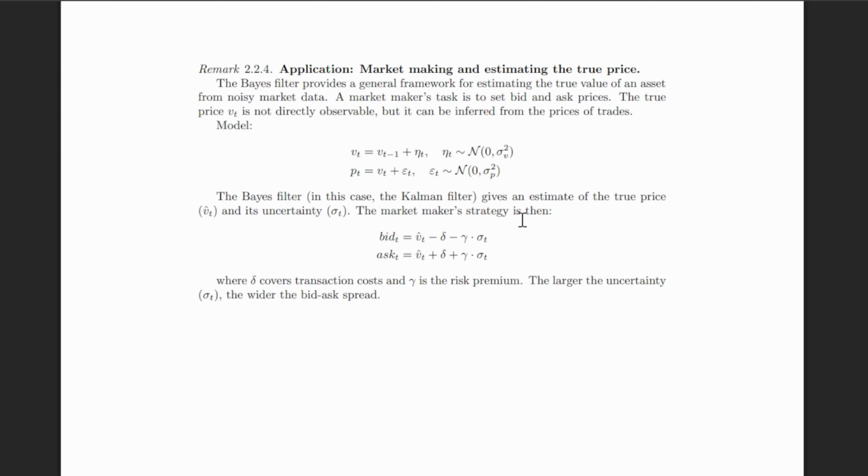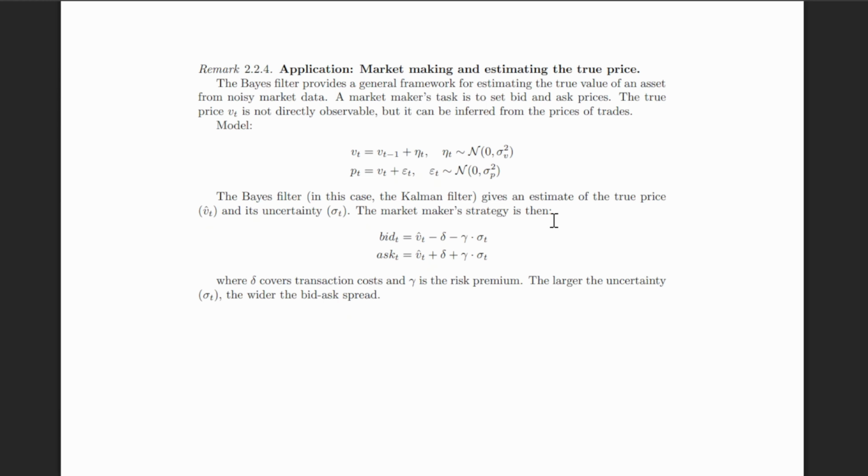The Bayes filter, in this case the Kalman filter, which we will discuss later, gives an estimation of the true price and its uncertainty, because the Bayes filter gives an estimation for a distribution, and the distribution right now is a Gaussian distribution. V_t prime will denote the mean of the distribution, and sigma_t will denote the deviation of the distribution.